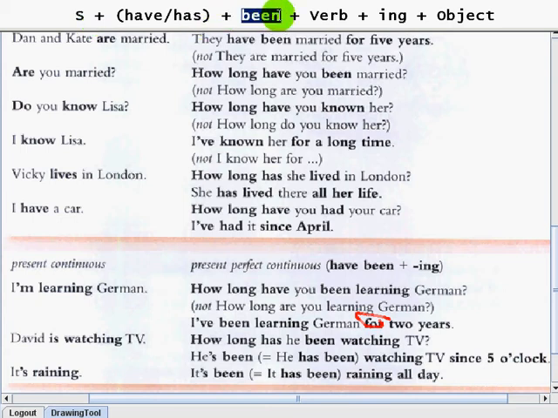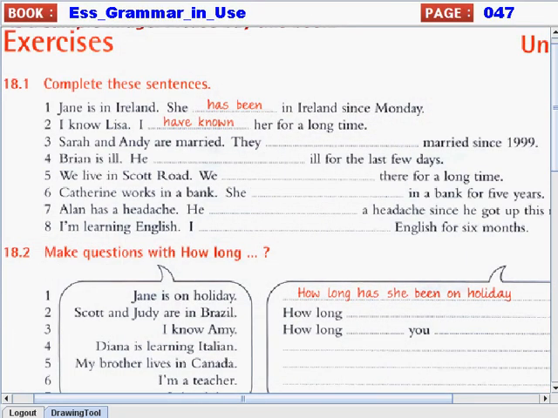You shouldn't forget this. And your main verb plus ing and your object. Okay? Very good. Now we will do exercises related to our discussion in Unit 18.